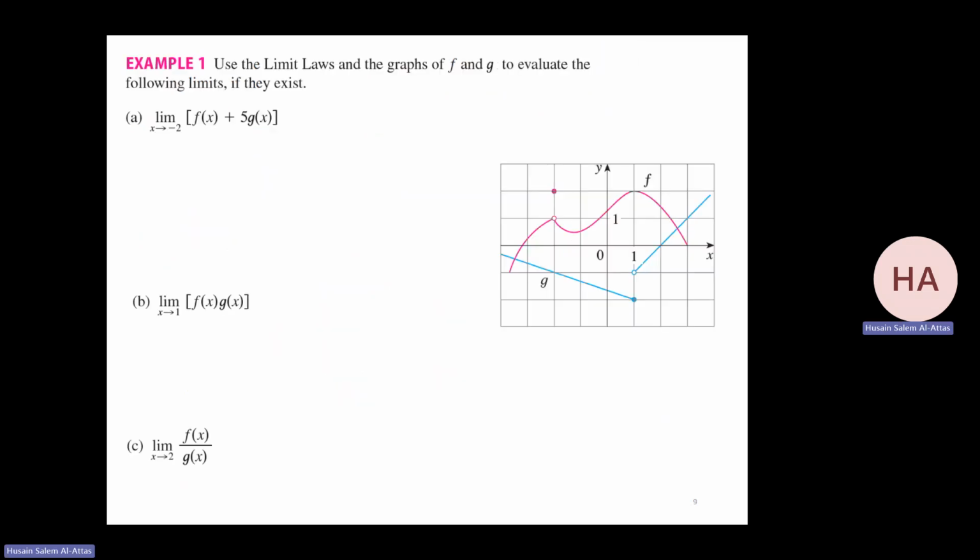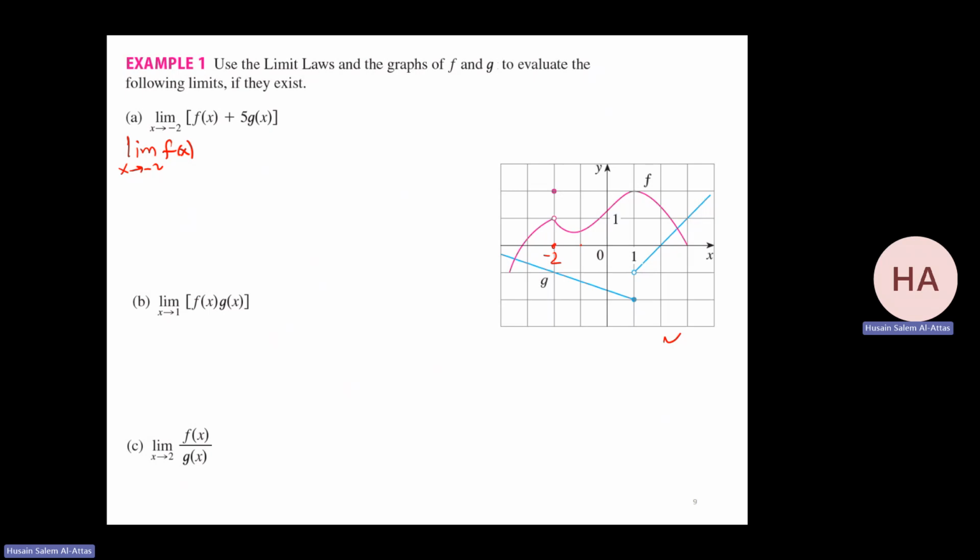Now, sometimes they will give you a graph. I have this graph, and they want to find the limit. Yes, we just check it. Now we'll do the limit as x goes to minus 2 of f of x. This is minus 1, this is minus 2. Because f of x is the red function, and g of x is the blue one.